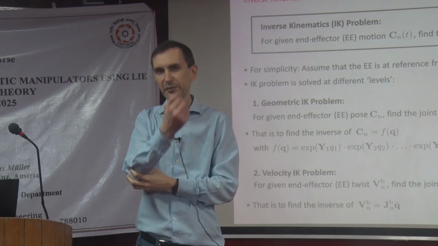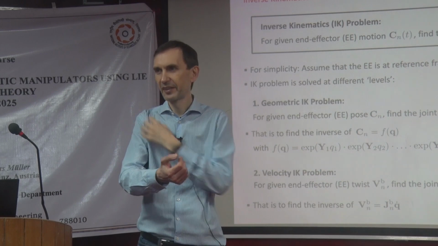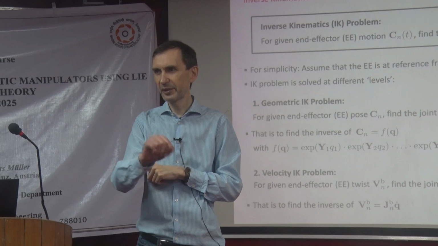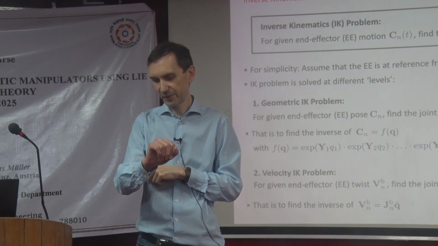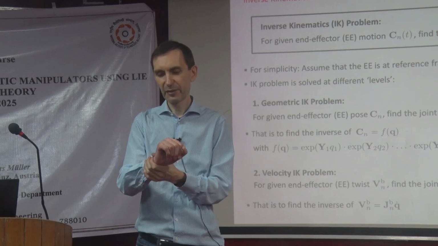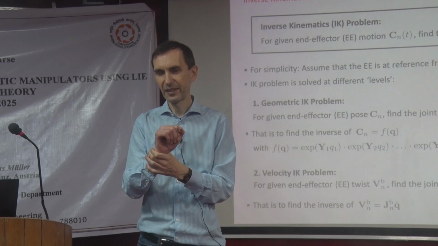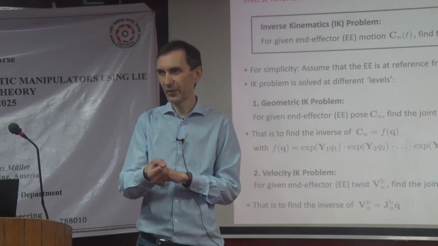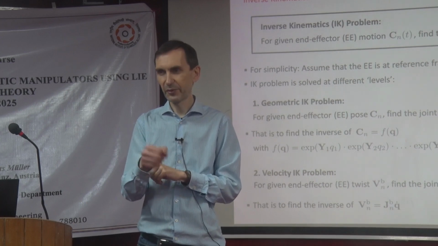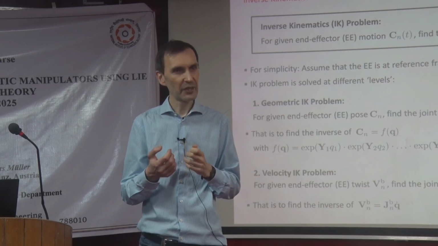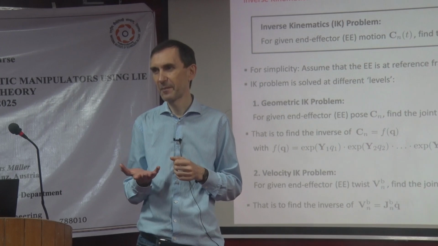So this makes 3, right? Then we have one more, 4, then we have that one, 5, and then we still have the wrist. I already included this rotation, so we have 2 more left, which makes 7. So our arm has 1 degree of redundancy.